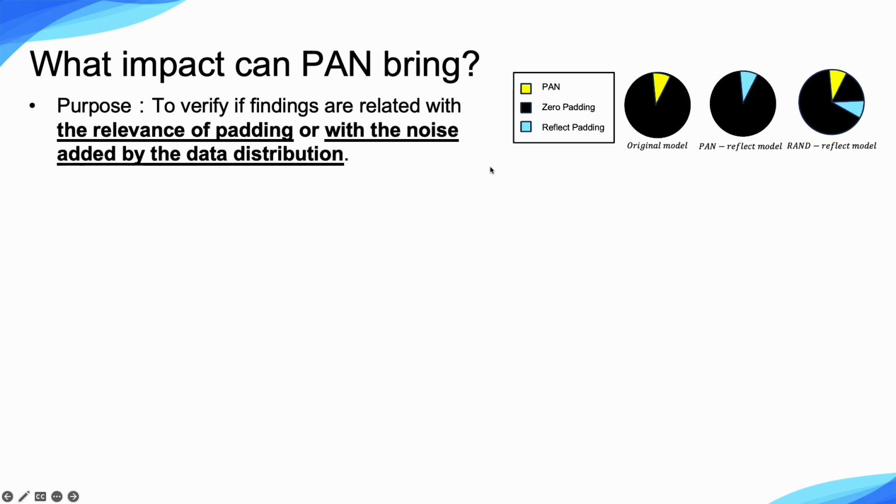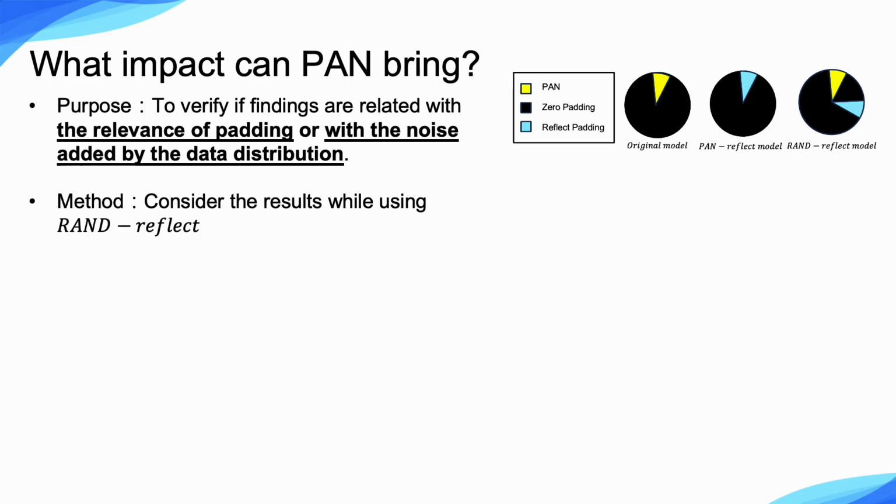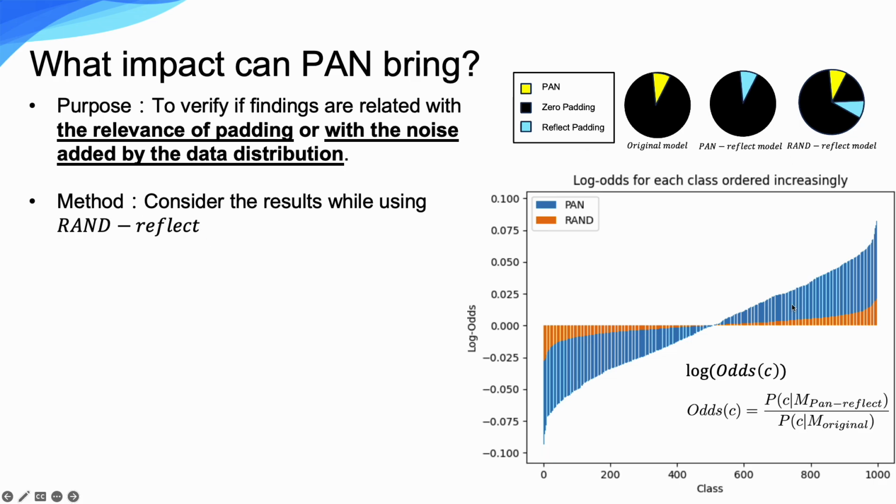Another experiment is to verify if the findings are related to the relevance of padding or to the noise added by the data distribution. So they consider the result while using the random reflect. In this table, the x-axis represents each class, and the y-axis is the log of the previously mentioned odds. So they simply take a log of this formula.